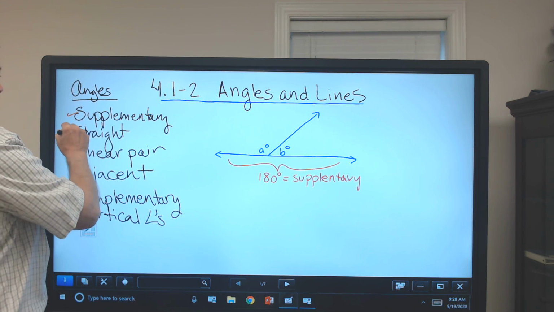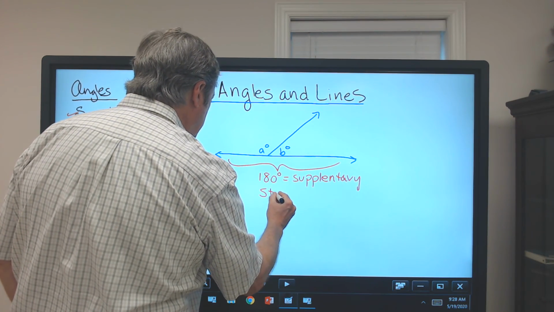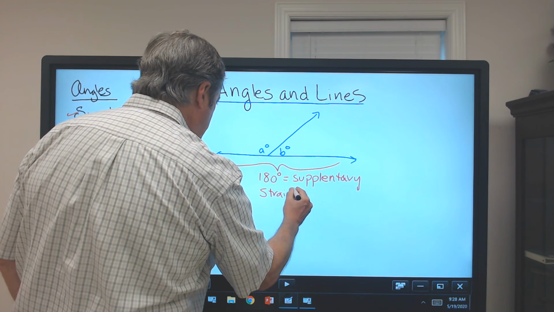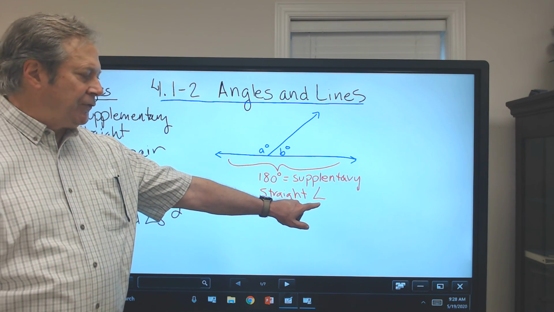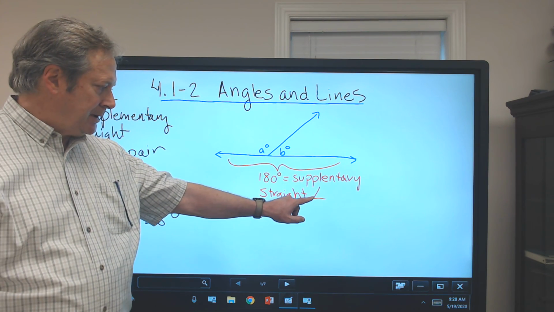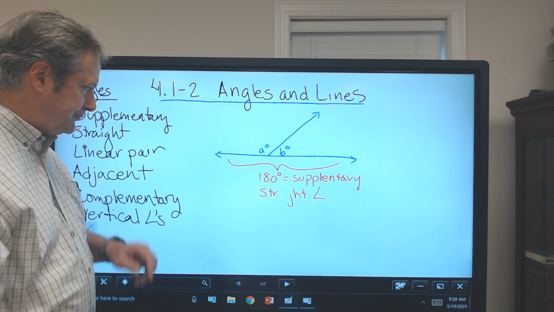We also call this a straight angle. That's the little symbol for angle. The bottom is flat, and then you've got a curve like that.